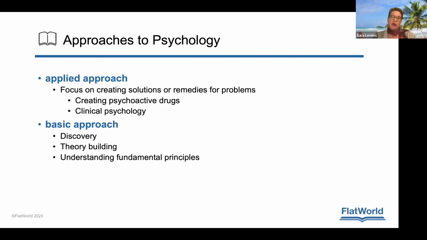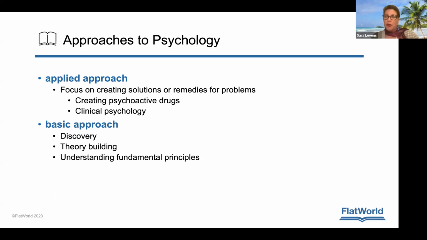Now, continuing with these approaches of psychology, and you might be able to see how components of this would ally with the holistic and the reductionist, you also have the applied approach within psychology. This is a focus on creating solutions or remedies for problems, really trying to have a direct effect on aspects of the environment or how a person interacts with the environment.